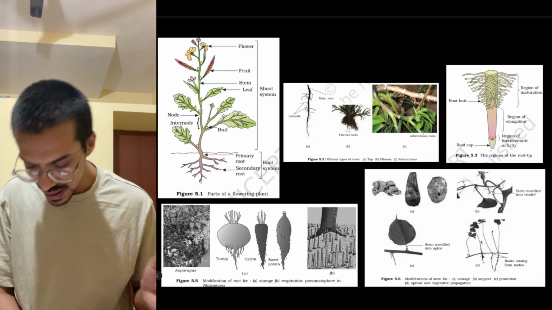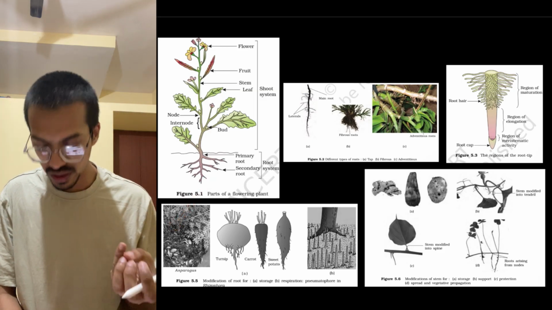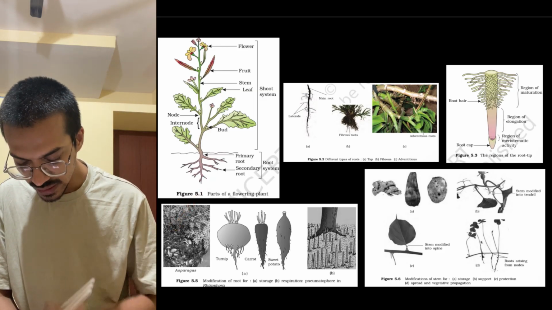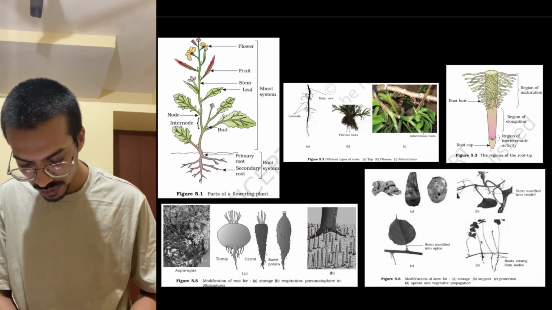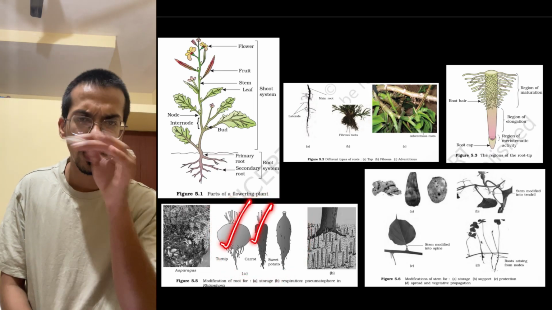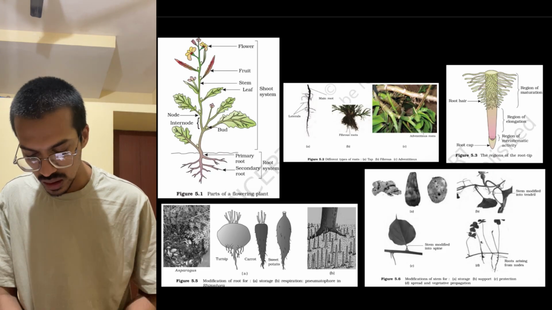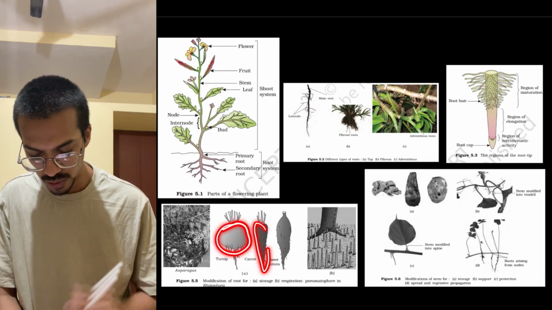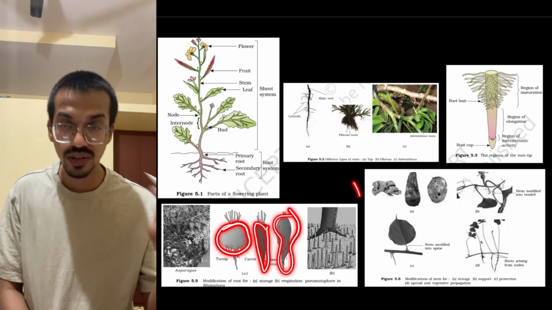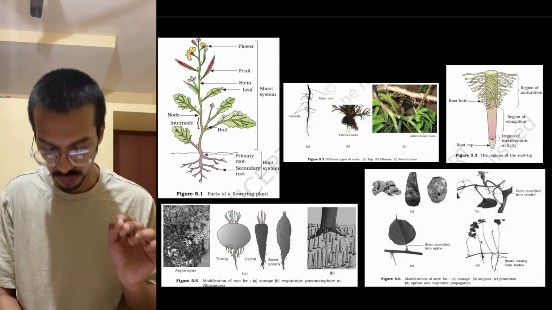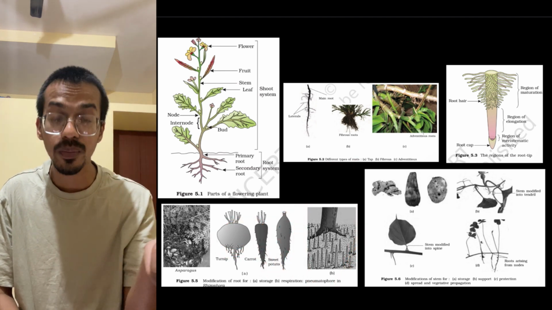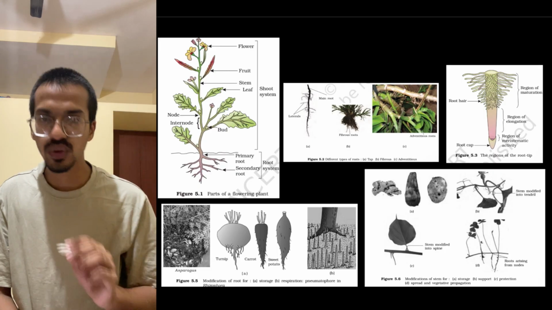These are examples of root modifications. Number one here is asparagus, where nodule-like roots are present. Then we have storage roots in the form of turnip, carrot, and sweet potato, depending upon shape and size. It could be circular, conical, or tuberous. Then we have respiratory roots, the pneumatophores, seen in your mangrove plants.